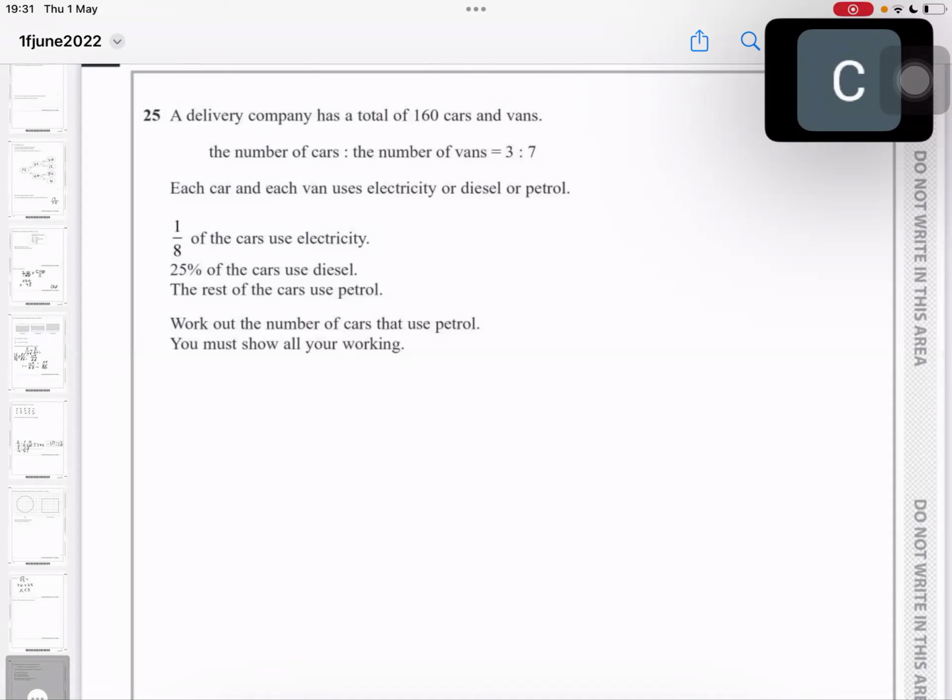That will tell us the number of cars that use petrol. So 12 plus 6, that's 18, right? Yes. 48 minus 18 will give us what? Minus 18. 30. Okay, that's the number of cars that use petrol.